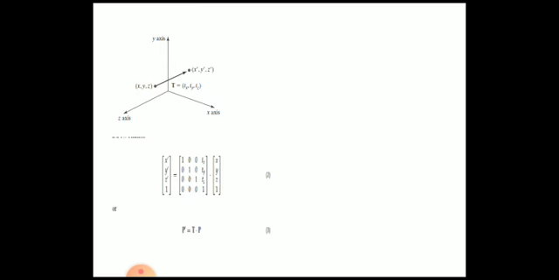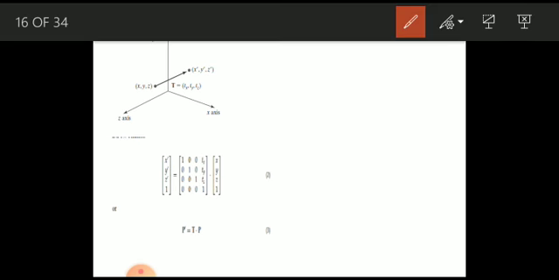You can see here we have a point P which is defined with the values of x, y, and z. Similarly, the same point is translated, or moved, to a new position defined with the values x dash, y dash, and z dash.